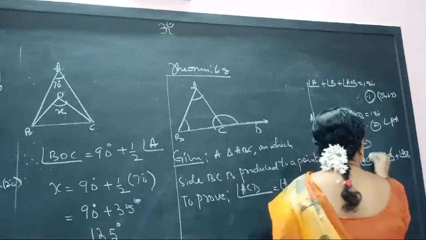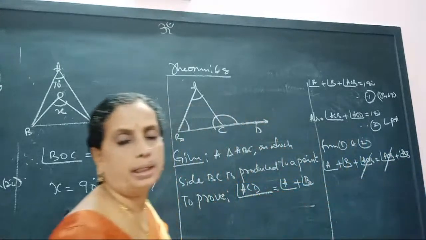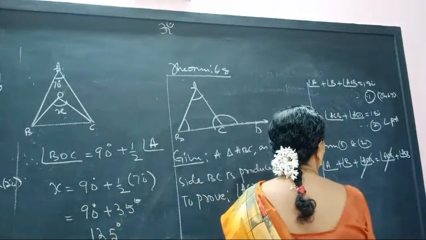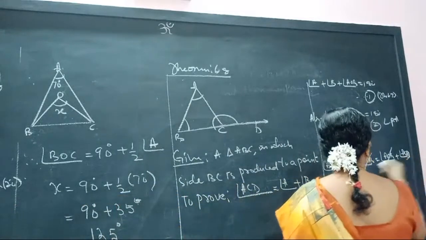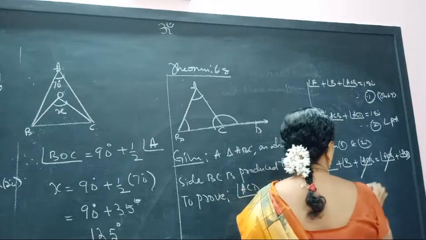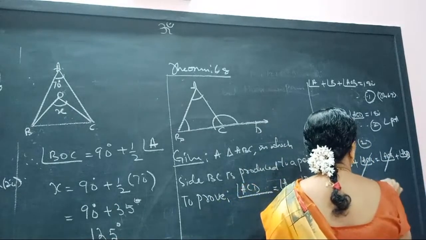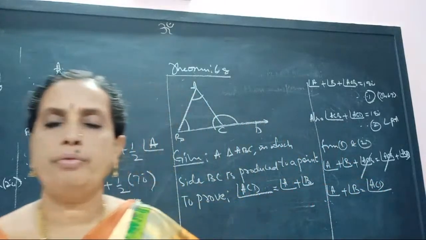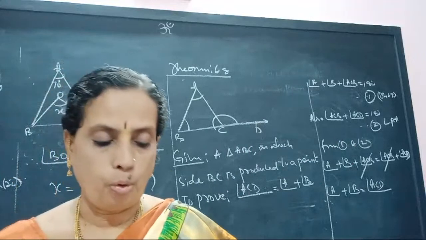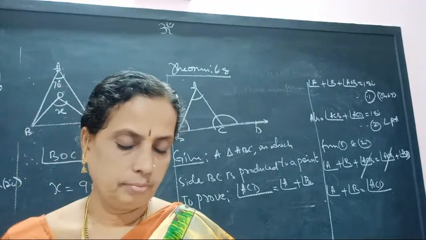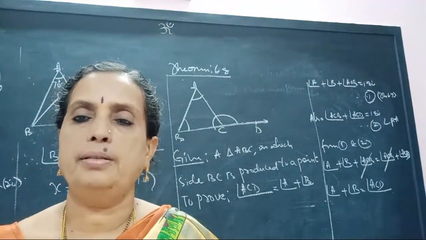Here angle ACB is the common angle. We cancel it, therefore we get the result angle A plus angle B equals angle ACD. Exterior angle equals sum of the interior opposite angles. Is it clear?